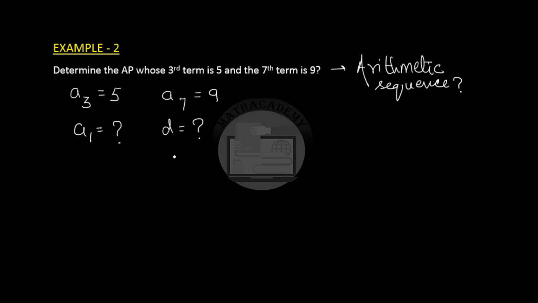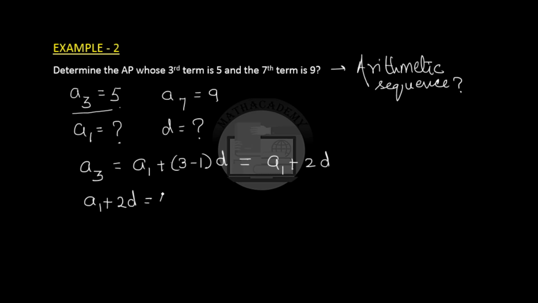Let us see how we do it. Now a3 is given as 5, and according to the explicit formula, a3 can be written as a1 plus 1 less than 3 times d, which is equal to a1 plus 2d. So we can write a3, which is a1 plus 2d, is equal to 5. That's given.